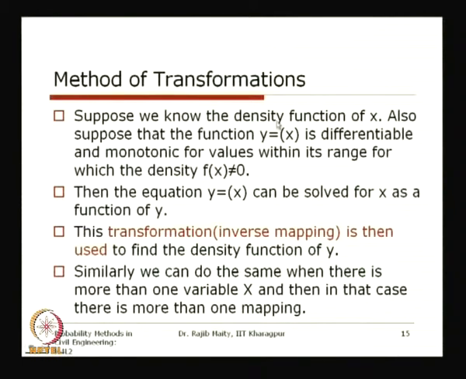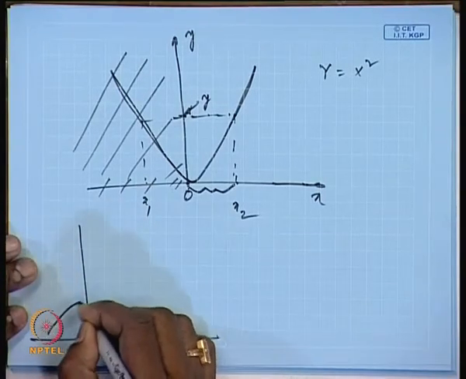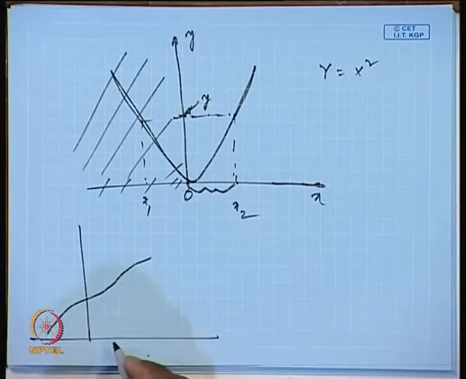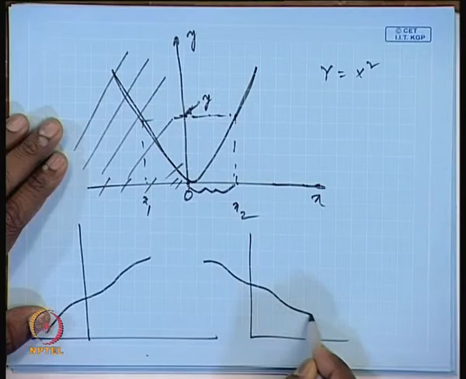So this is what we are referring to as one-to-one. We will just discuss this monotonic. What monotonic means is that the function is either increasing over the range of f x, or it is decreasing.